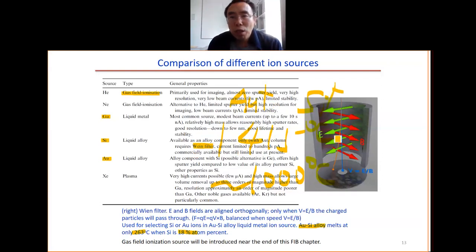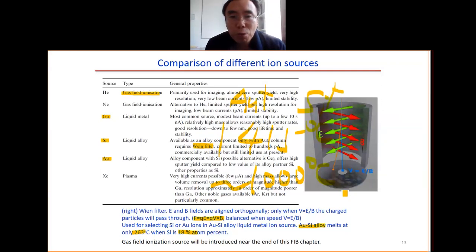You apply the electric field in this direction and the magnetic field in the other direction. When the charged particle moves downward, in the case of an electron beam, the Lorentz force will point to the left and the electrostatic force will point to the right. Those two forces cancel out, so the electron beam goes forward.